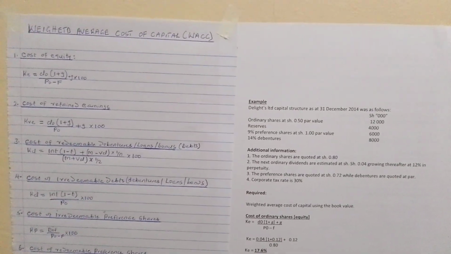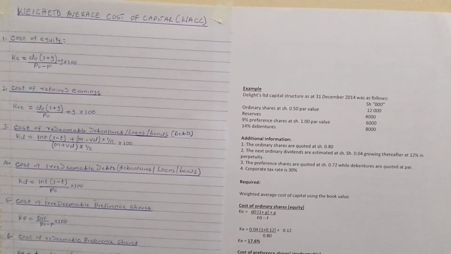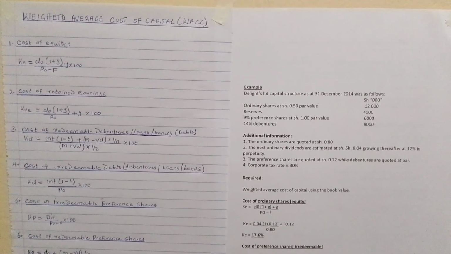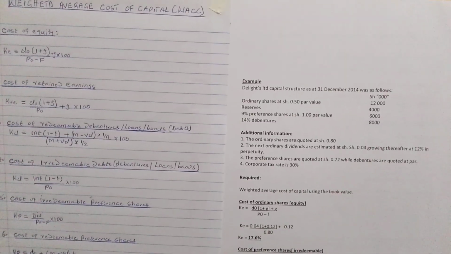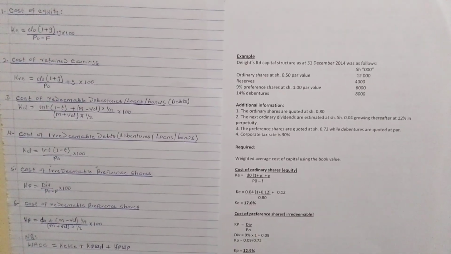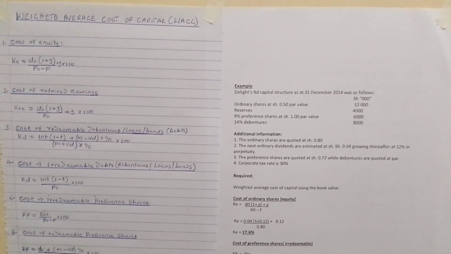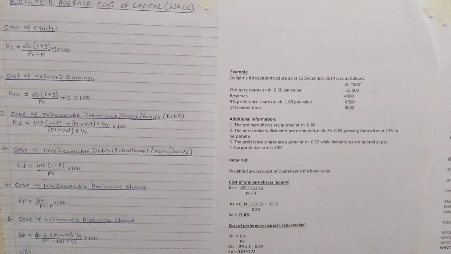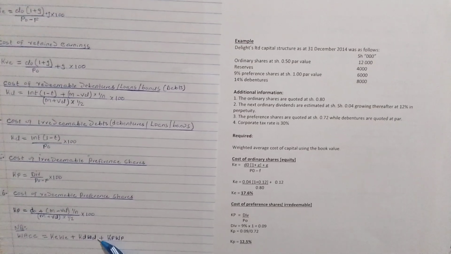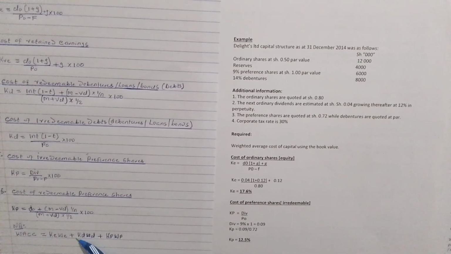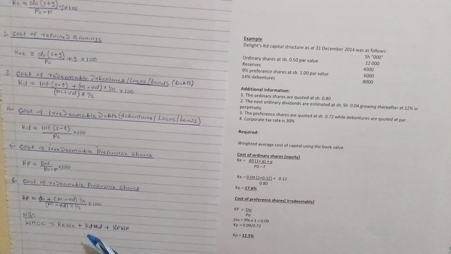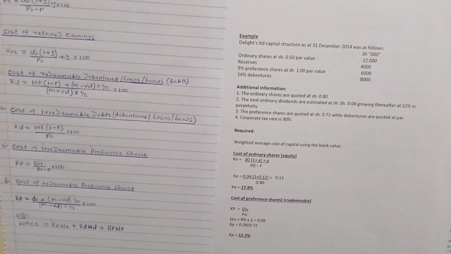But if you are told to use market values, then you consider the number of shares as per the books, but you multiply by the price prevailing in the market. Whether you use book value or market value will only affect the weight. The cost will not change. The cost of equity, the cost of debt, the cost of preference shares, everything else will remain the same, but the weights are the ones to change.